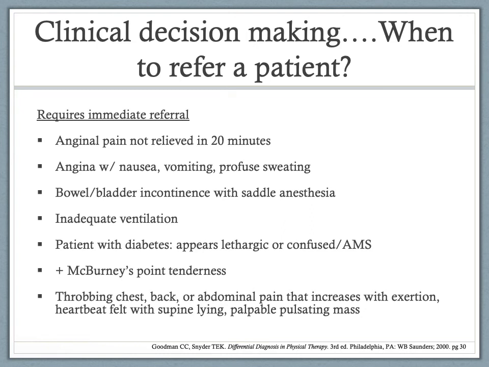So here we're thinking angina, chest pain, nausea, profuse sweating, incontinence, saddle anesthesias, things where we're thinking more like cardiac or lung issues, myelopathy issues, people who are having more of an acute diabetes issue. We talked about that positive McBurney's test from before, which shows more of an acute gastrointestinal inflammation, for example, a swollen appendix that needs to be addressed.